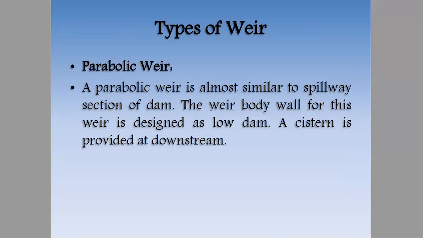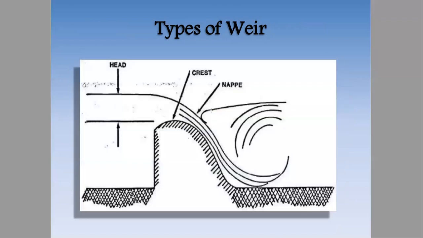The weir body wall for this weir is designed as low dam, and cistern is provided at downstream. Okay, so this is our parabolic weir.